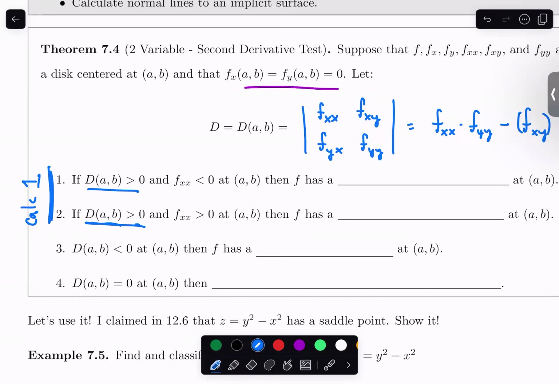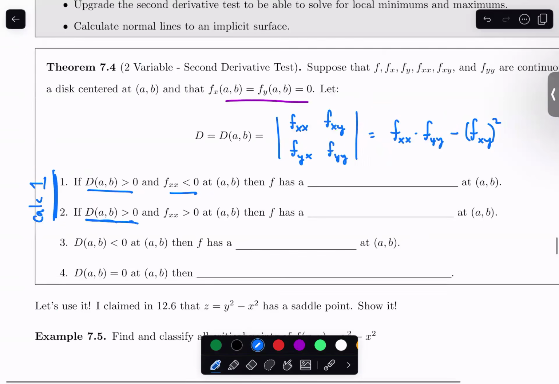And for the second derivative test in Calculus 1, it said if our second derivative was less than 0, that meant something about concavity, right? It meant that it was concave down. So if you have a critical point, but then it's being concave down, it's being stretched downward, that means that your critical point must be a maximum. So f has a maximum, or a local maximum, at our critical point, AB.